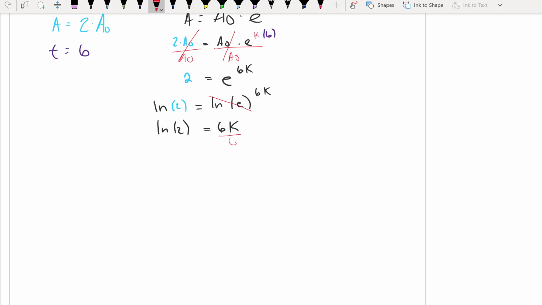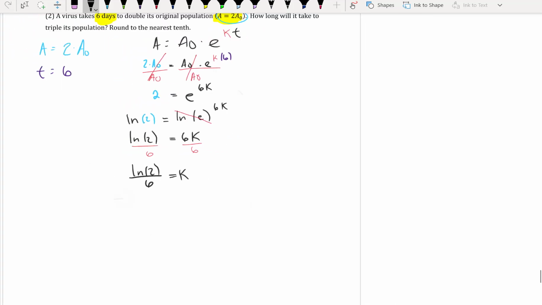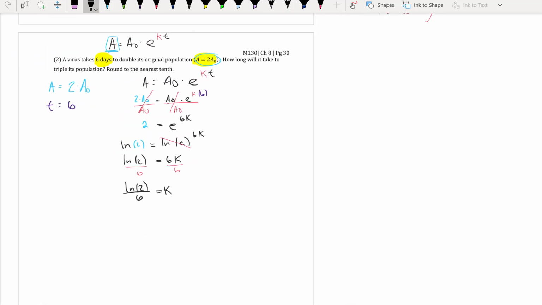And I'm going to divide everything by 6. So now my k value is equal to the ln of 2 divided by 6. And again, I am not going to round because of Newton. And it's specifically asking me how long will it take to triple the population.